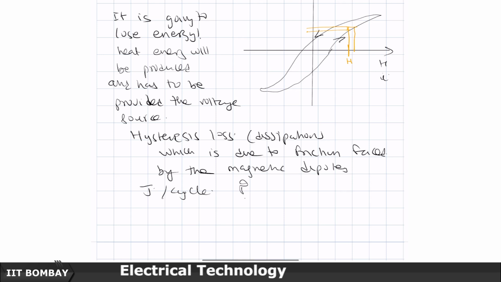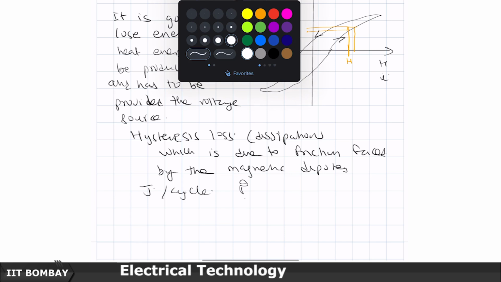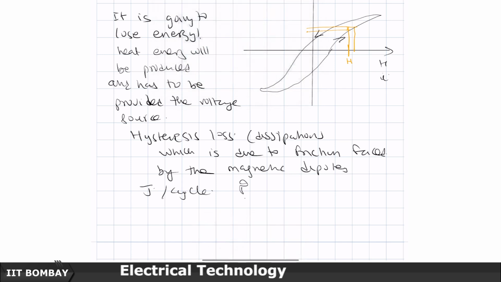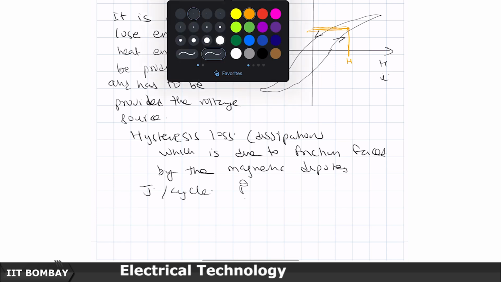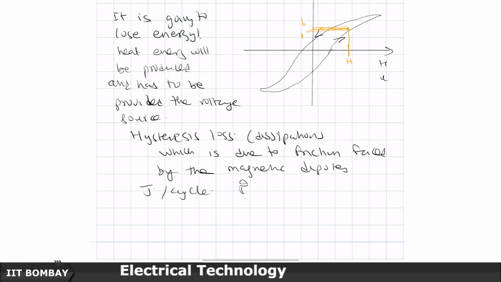Then what is going to happen is h times dB. This small strip that I am having here is the h dB, and this is the energy which is stored when the B is incremented by dB.